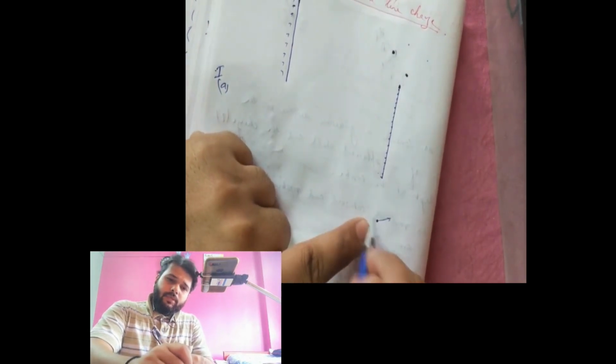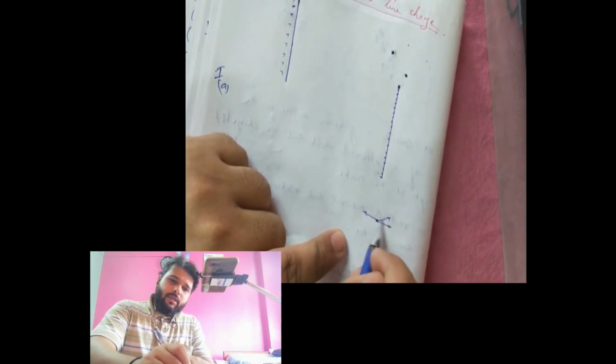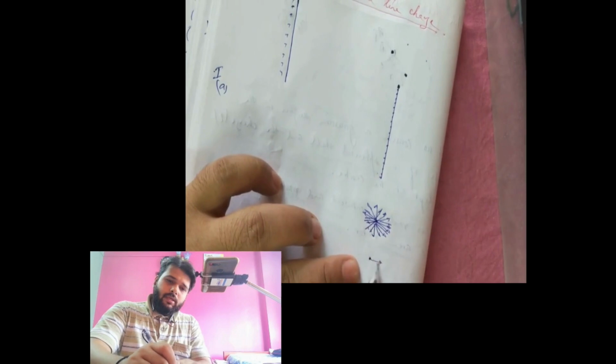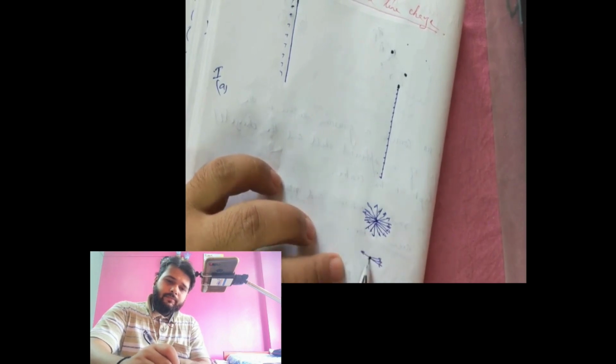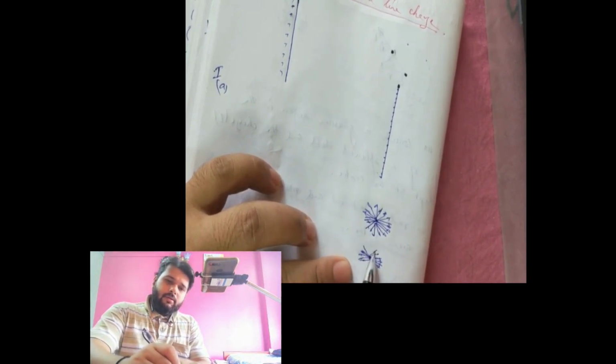So this is the point charge, this is the first point charge. I've taken this point charge over here. So we know that we'll get electric field lines in all the directions. Similarly, we have got another point, so I'm making it a bit downward. So here again I'll get electric field lines in all the directions.